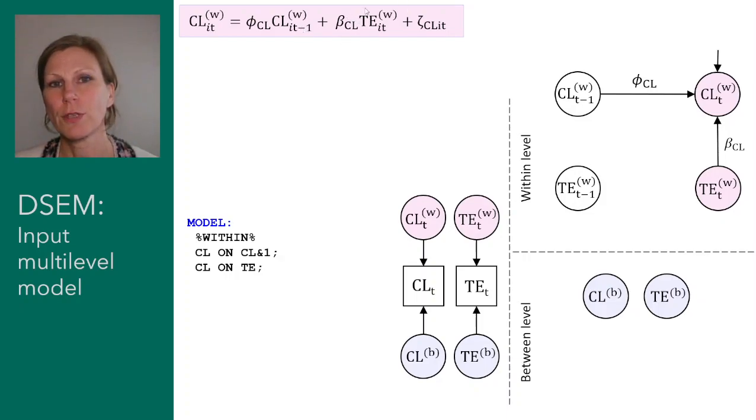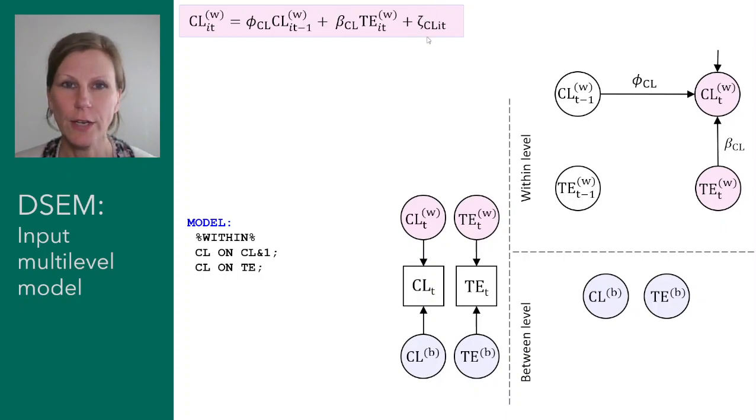And it's also regressed on tension of person i at occasion t, and then the within person part of that. And there is also a residual part because it cannot be fully predicted, and that's indicated by this zeta. So it's the zeta for the variable closeness, and it's for person i at occasion t. That's what this little arrow over here is referring to. This is indicating there is a residual, and in the regression equation we represent this with the zeta.